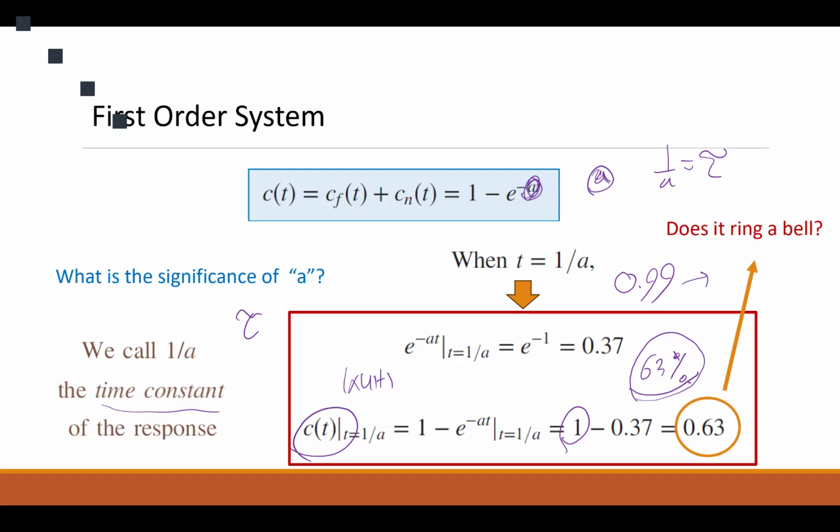So this is the significance of tau. After 5 tau, we are at a steady state. Approximately, we reach the final value. Are we good? So when we talk about the transient state and steady state response, this is the significance of the time constant. Any question about that?